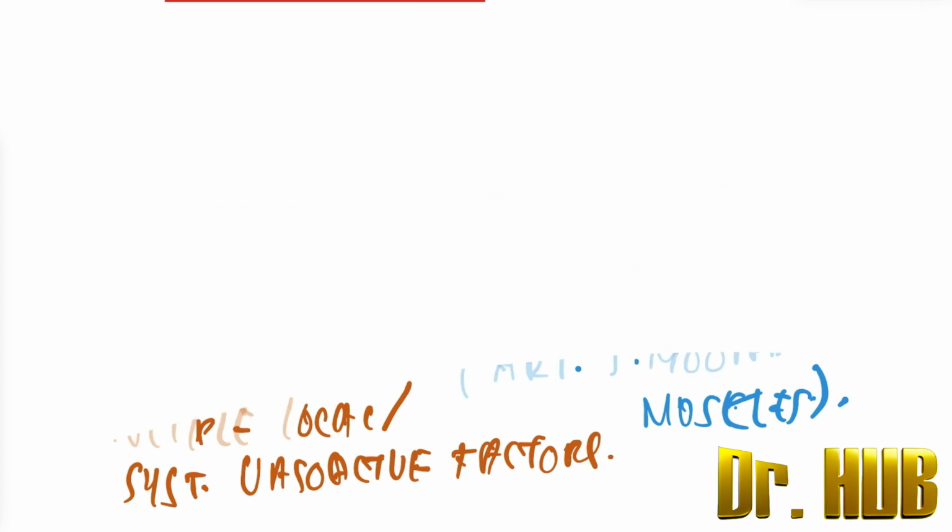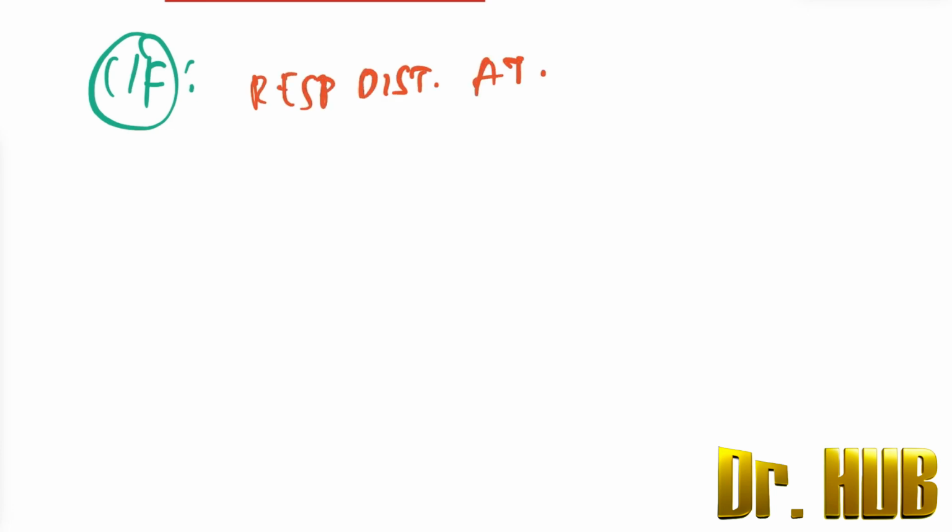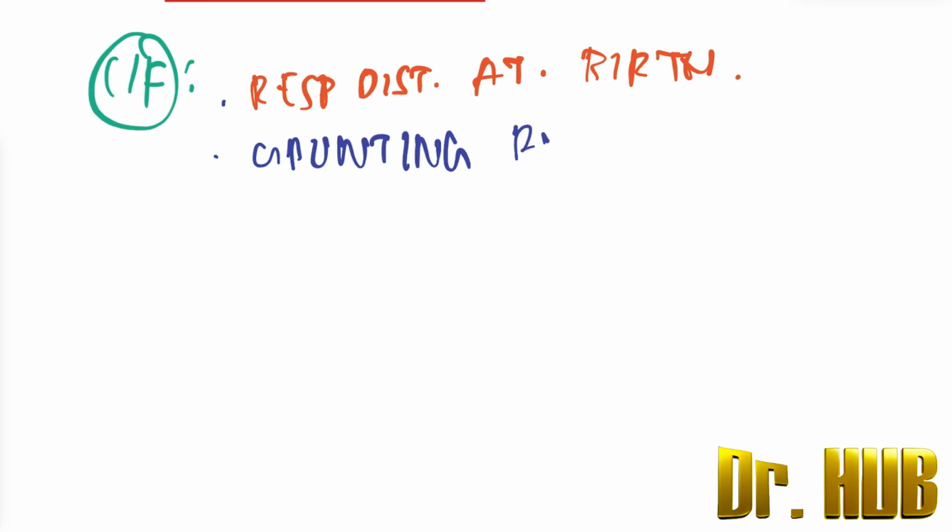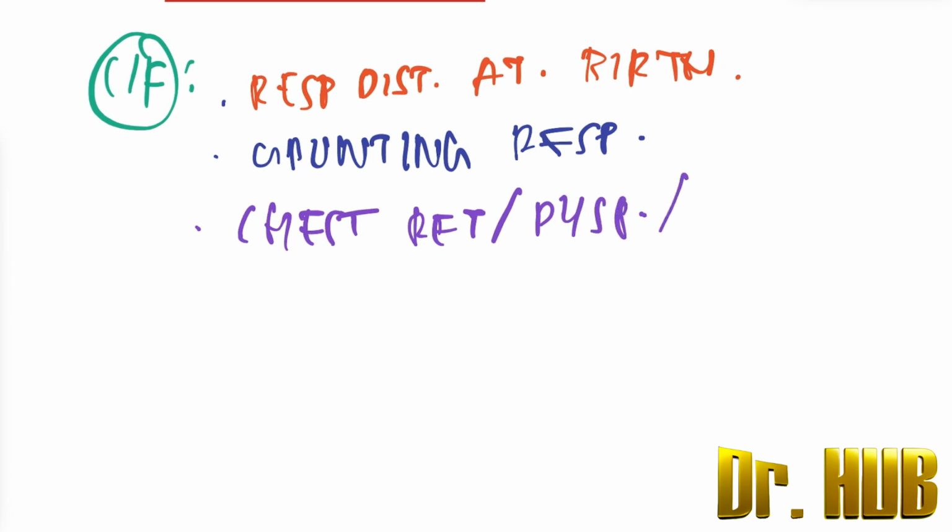Now let's look at the clinical features. It can lead to respiratory distress, which can be seen at birth. Next is grunting respiration, the presence of chest retractions, as well as dyspnea and cyanosis.